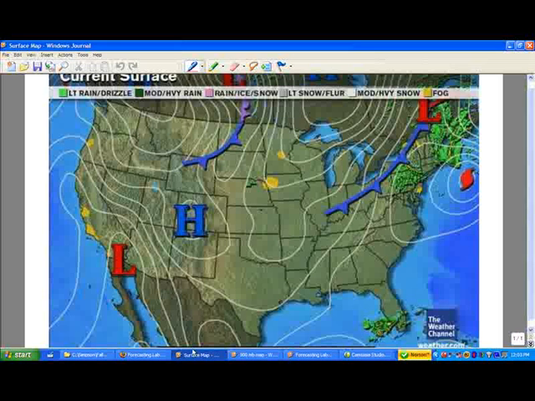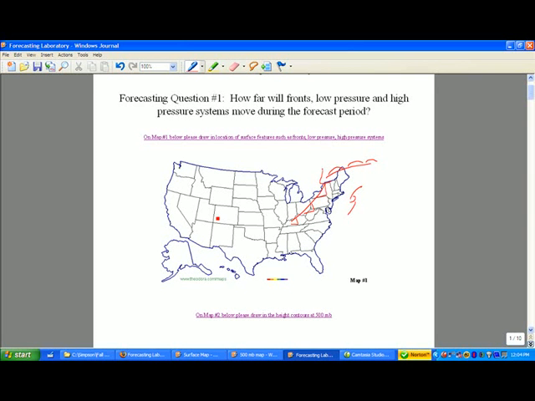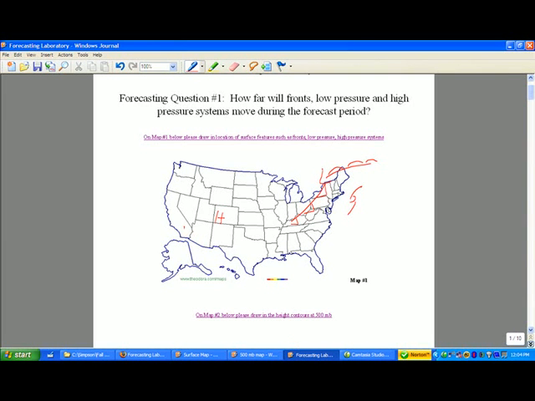And I'm going to go back to my surface map and see what else I need to draw. I've got a high pressure system, and it looks like it is over southwestern Colorado. So I'm going to go ahead and draw this up on my map 1. High pressure here. And then I'm going to go back to my surface map, and I see I have a low pressure over Southern California, so I'll go ahead and draw that on here.